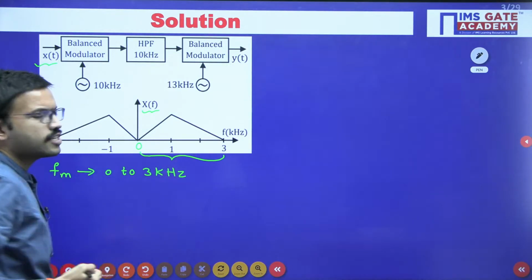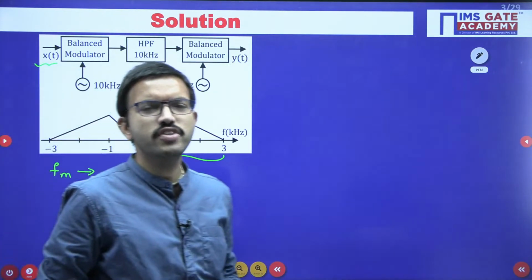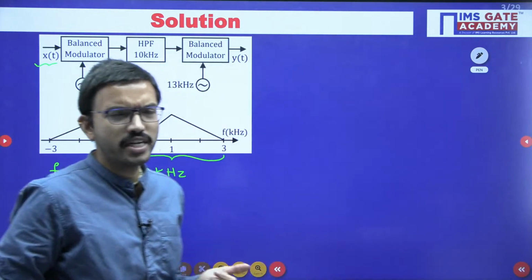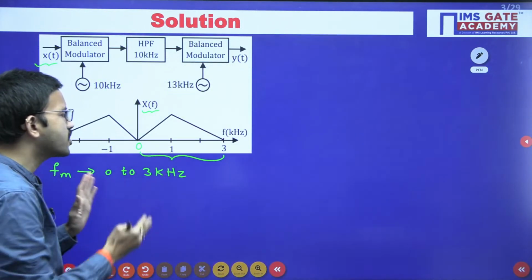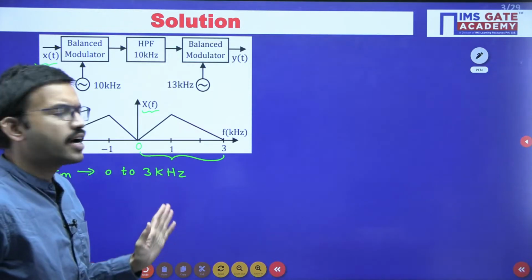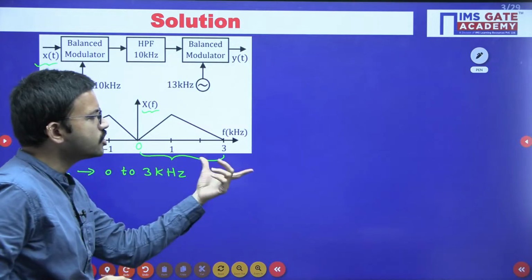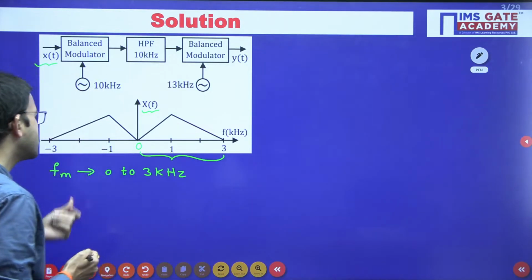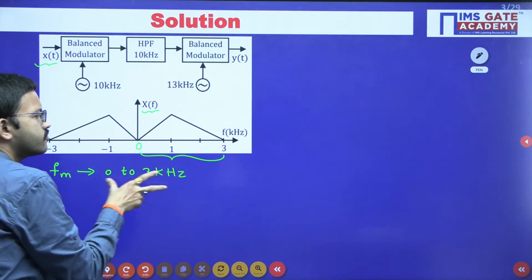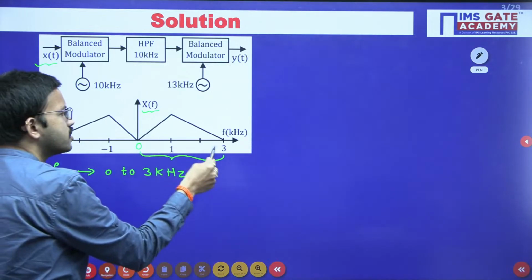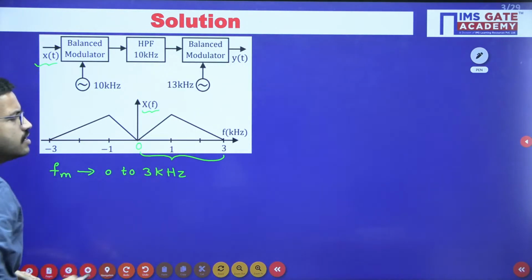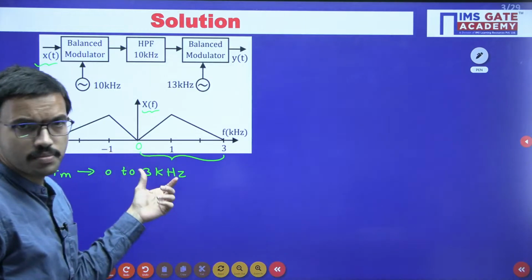In the last class also we discussed: in the initial question we considered only one operating frequency, in another question two operating frequencies, and in some questions a range of frequencies. This question is also over a range of frequencies. Here from 0 to 3 kilohertz we are operating the modulating or message signal.